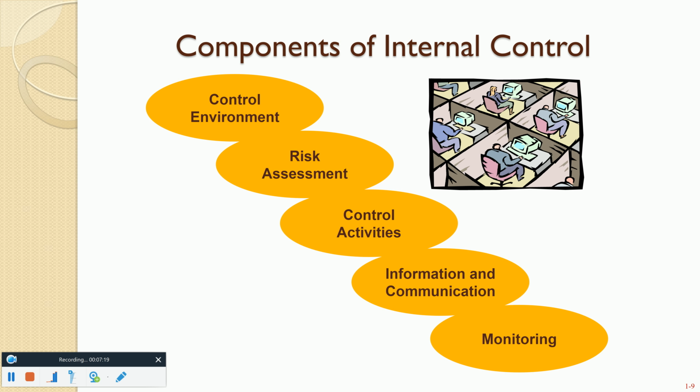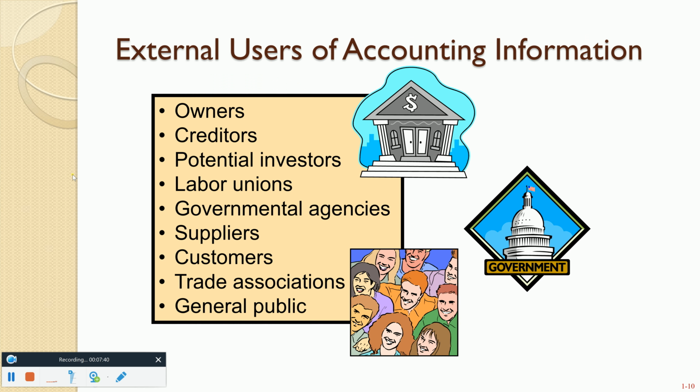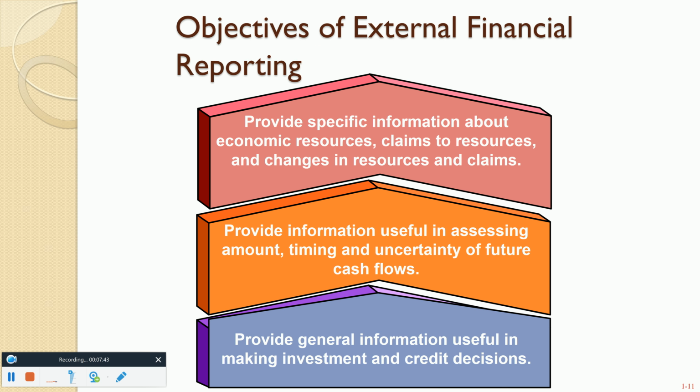Whenever we receive a shipment of inventory in the back warehouse, we are actually logging in that inventory. We're making sure it's getting to the shelf. Somebody else is doing the paperwork. All right, so these are examples of internal control, and there are tons and tons of control procedures that organizations can put together.